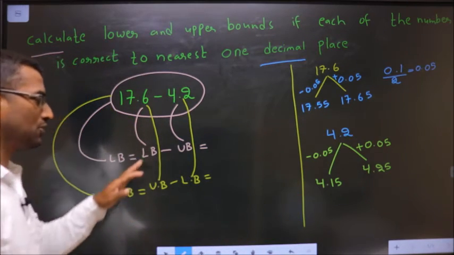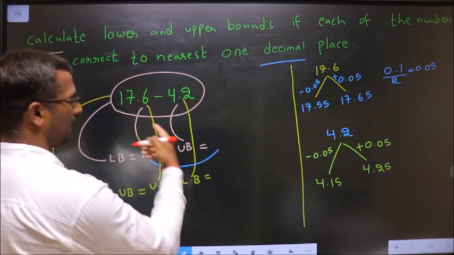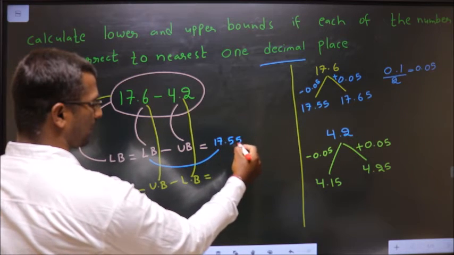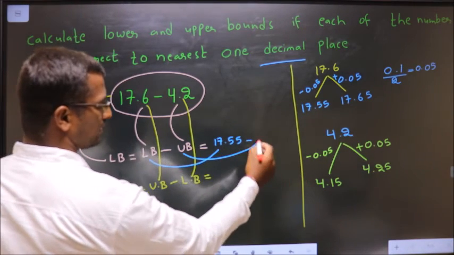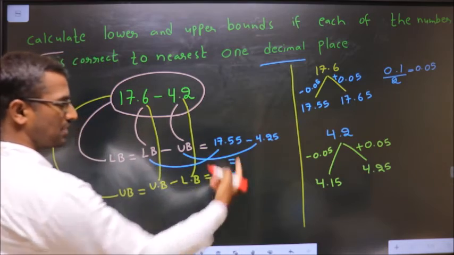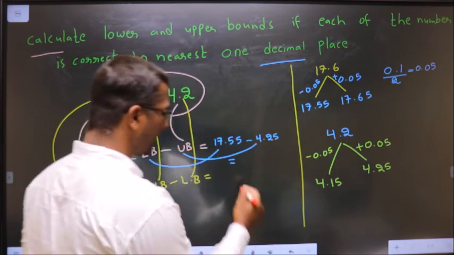Now, let us replace those values over here. So lower bound of 17.6 is 17.55 minus upper bound of 4.2 is 4.25. So put this in the calculator, you get 13.3.